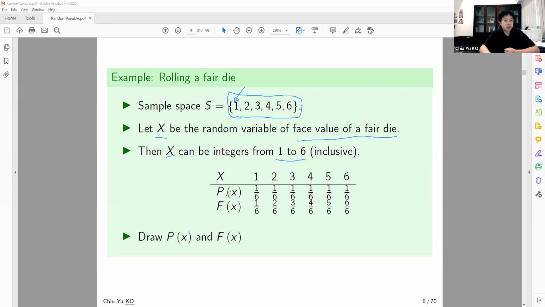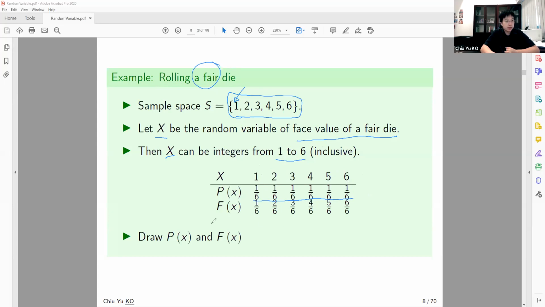So here I can represent the probability function and the cumulative probability function using a table, because we can list all 6 numbers and their probabilities. Because it's a fair die, each outcome is equally likely. So the probability function, which maps from the value x to the numbers 1 to 6, is equal for all, they're all 1 over 6.